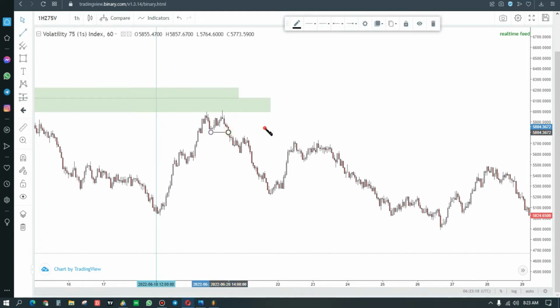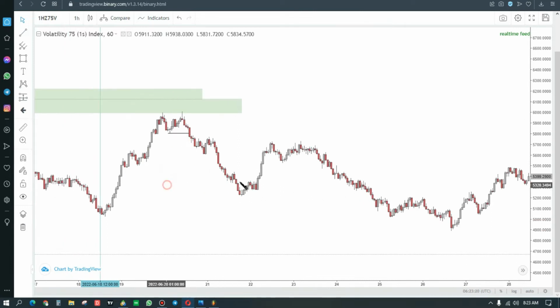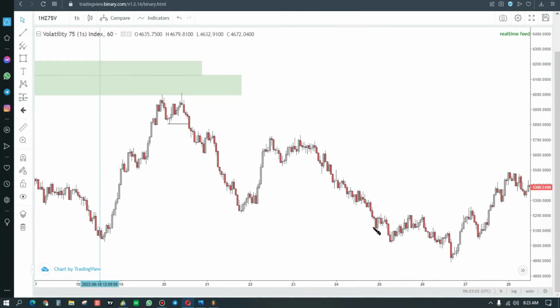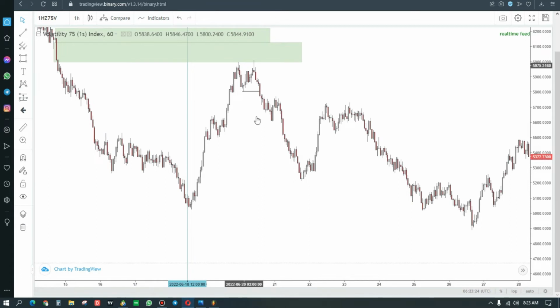We expect the market to give us bearish prices, and it actually did. I was looking for the market to break this low to confirm that we are bearish on this market.